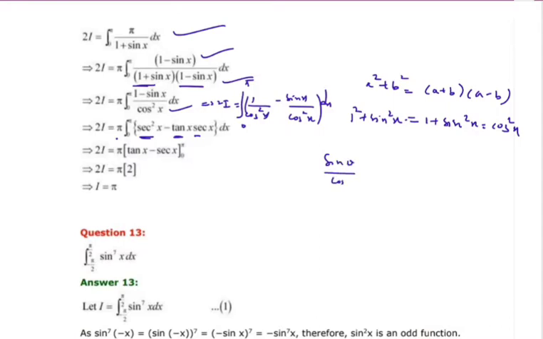Sin theta by cos theta is tan theta, 1 by cos is sec theta, right? So we have converted that. Integration of sec square x is tan x, and integration of sec x tan x is sec x, limits 0 to pi. So 2I equals pi into tan x minus sec x.